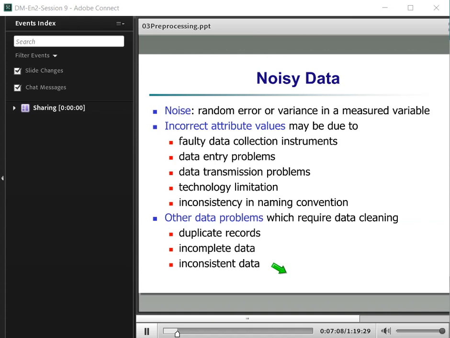For example, when I'm talking about technology limitations, let's suppose that I have a feature whose type is numeric and its length is 2 bytes. Okay, I have a 2 byte attribute.